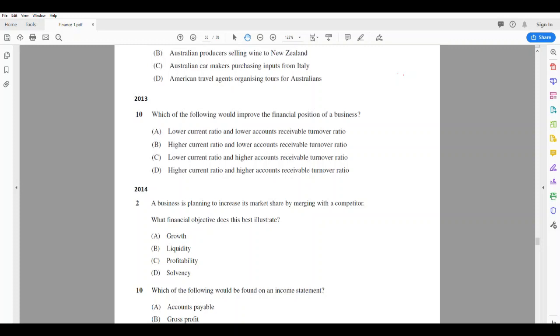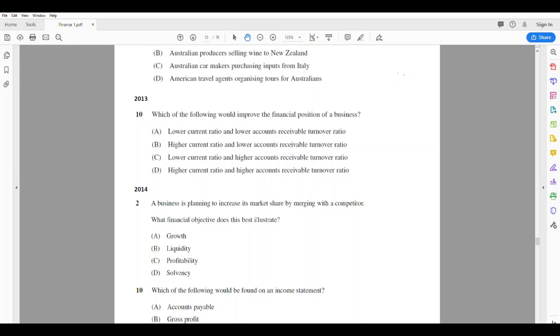Okay, so we're going to get started with 2013 question 10. And this question is asking which of the following would improve the financial position of a business.